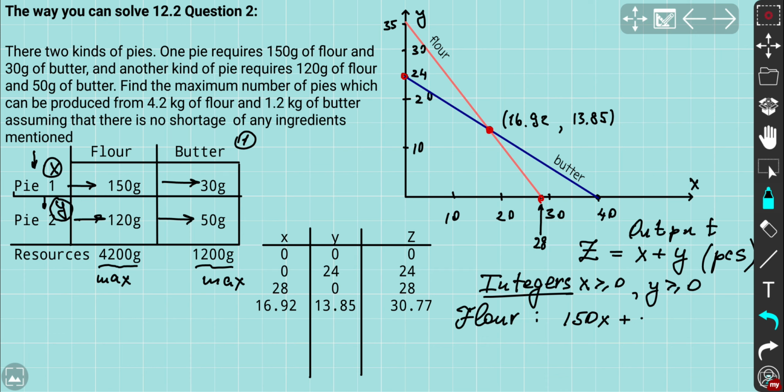On top of that, we've got 120y, that's consumption for pie 2. And the resources that we have on hand is going to be 4,200. So that's why we set up less or equal than 4,200, okay? That's the first inequality that we have.